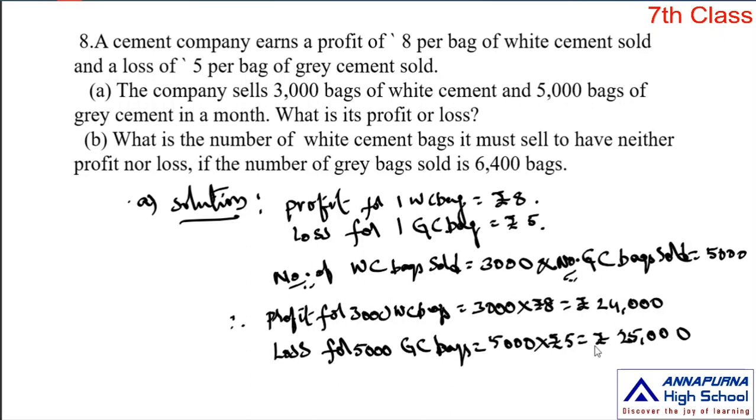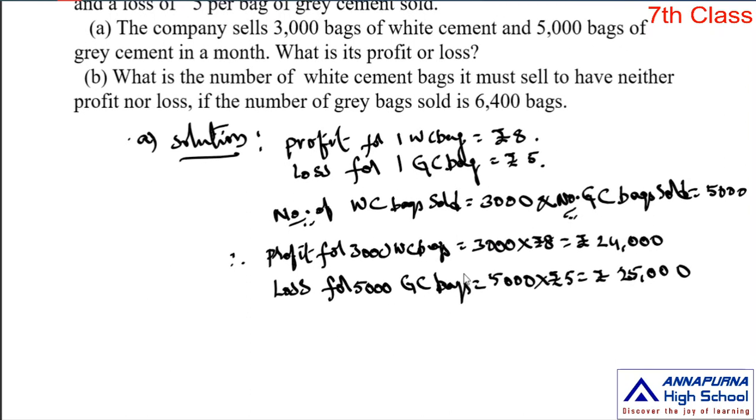Here on comparing profit and loss, 25,000 rupees is on comparing. You write down this one also. On comparing, 25,000 rupees is greater than 24,000 rupees. Therefore, did he get loss or profit?